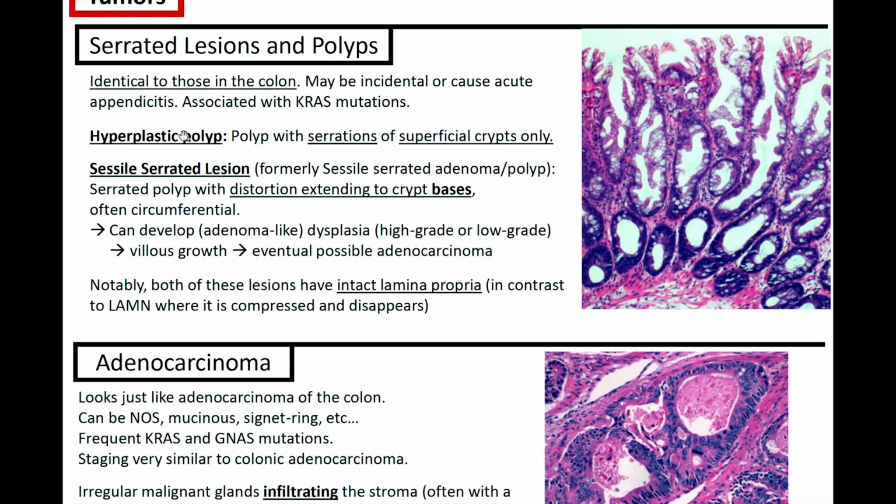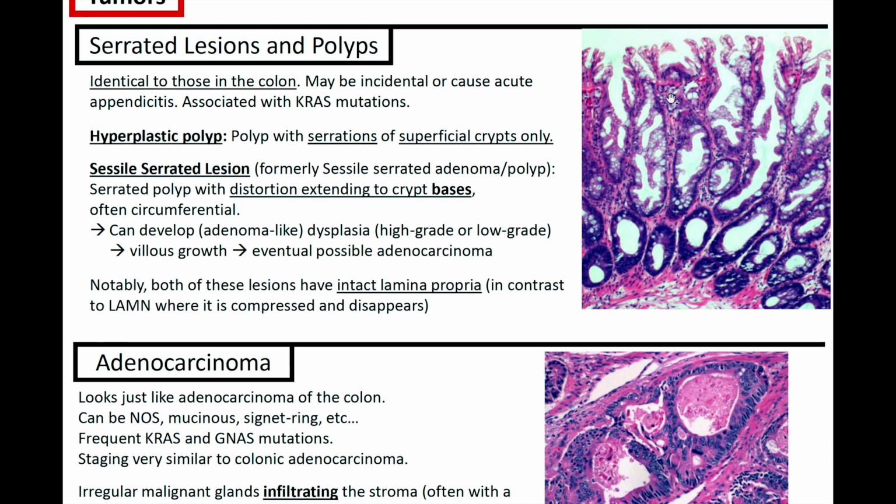And then a sessile serrated lesion, formerly sessile serrated adenoma or polyp, is a serrated polyp with distortion extending to the crypt bases, often circumferential, and it can develop adenoma-like dysplasia with high-grade or low-grade, villous growth, and eventually lead to possible adenocarcinoma. Notably, both of these lesions have intact lamina propria, in contrast to a LAMN where it is compressed and disappears.